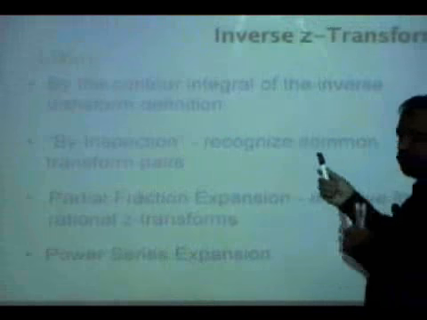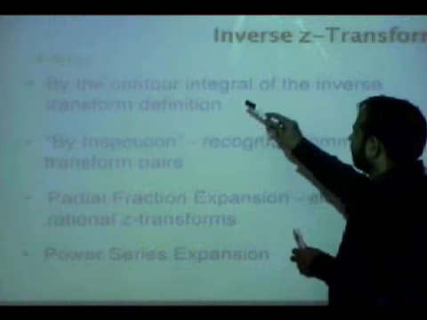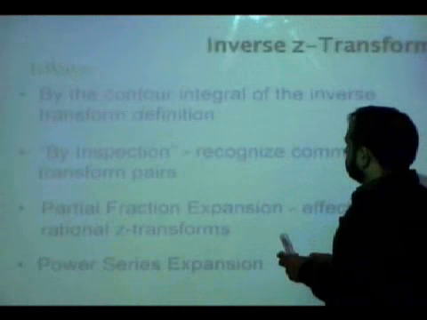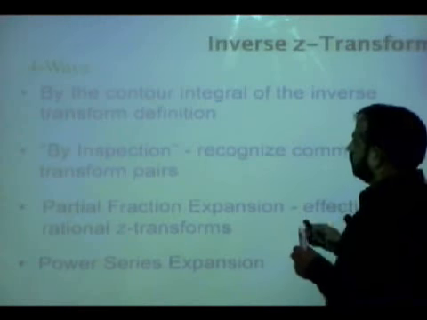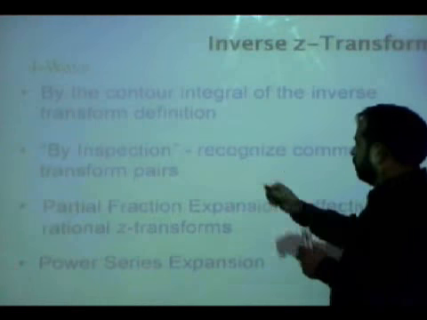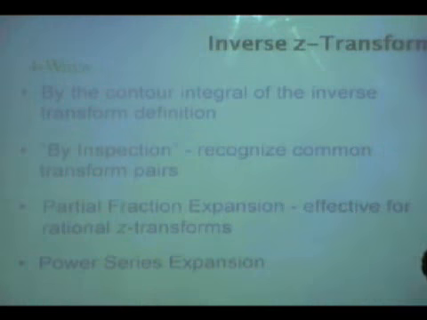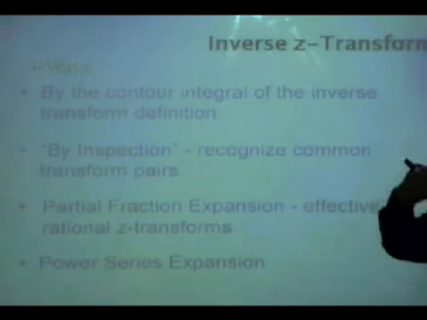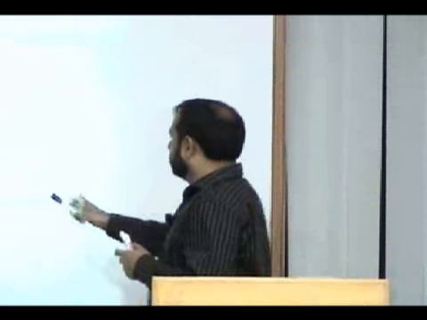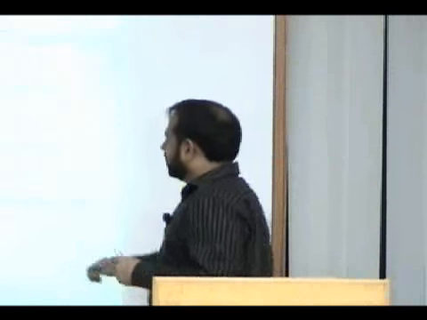Some of you might have seen it in your math course, but usually it is not used. You try by inspection: you recognize the common transform pairs, you compare with the pair sheet, find the pair, and then use it to compute the inverse Z transform. So primarily the inspection method and the partial fraction expansion method are used.